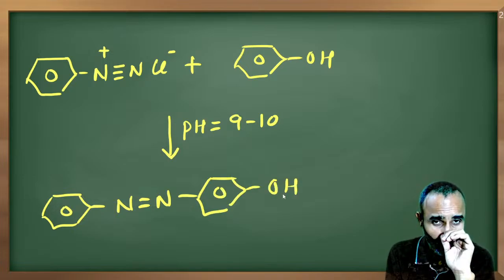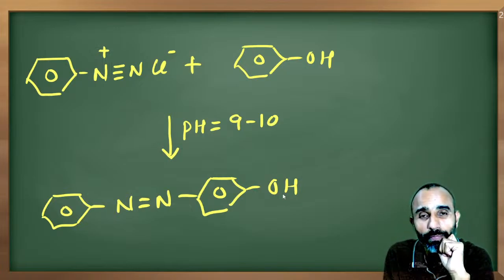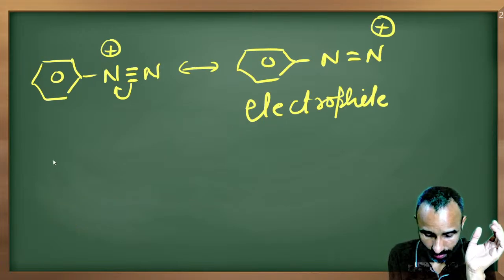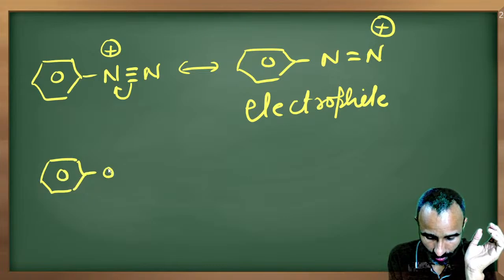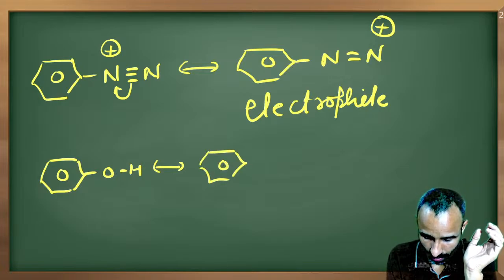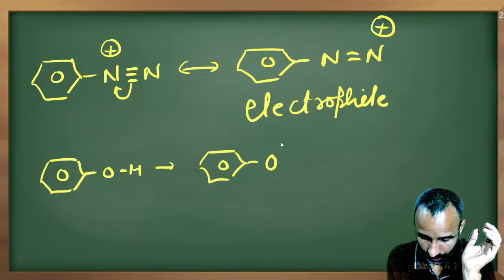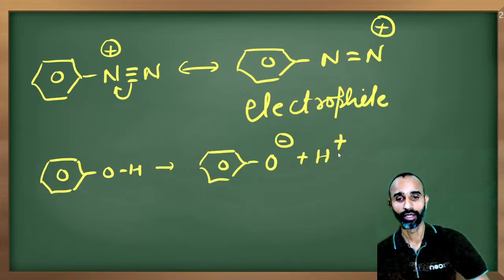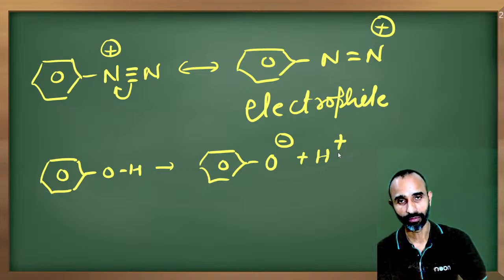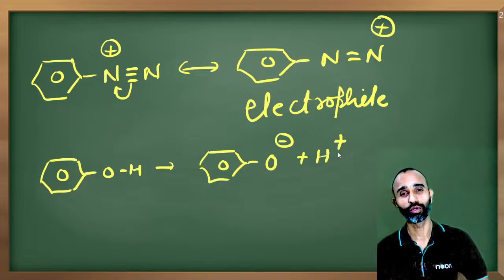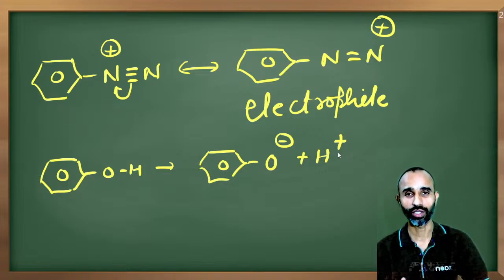para-hydroxyazobenzene. So the question is why we use a weakly basic medium. Actually, phenol is more reactive when it is in the form of phenoxide ion. If the medium is basic, the formation of phenoxide ion is easy because H+ ion is removed. So why not make it a strongly basic medium so that all the phenol is in the form of phenoxide and the reaction is fast?